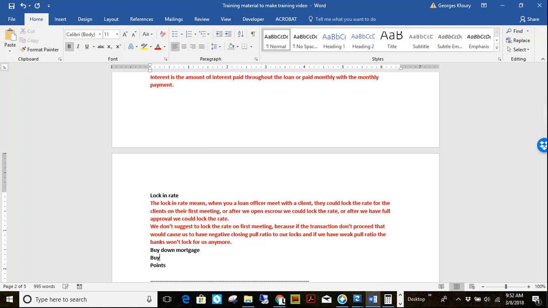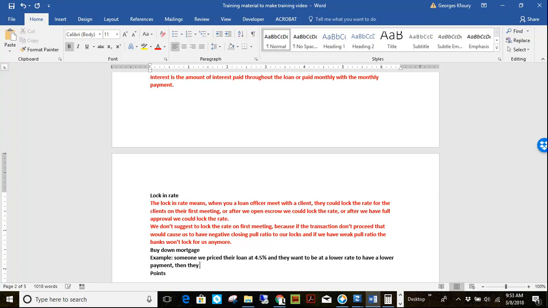It is basically when we price someone's loan, as an example, at 4.5%, and they want a lower rate to have a lower payment.